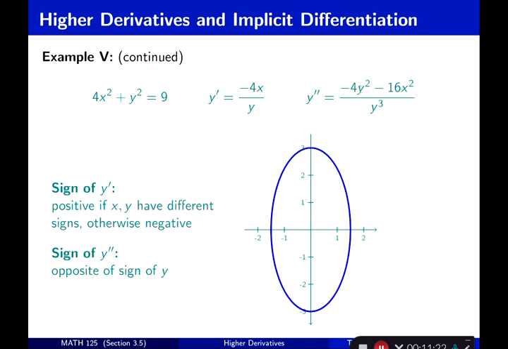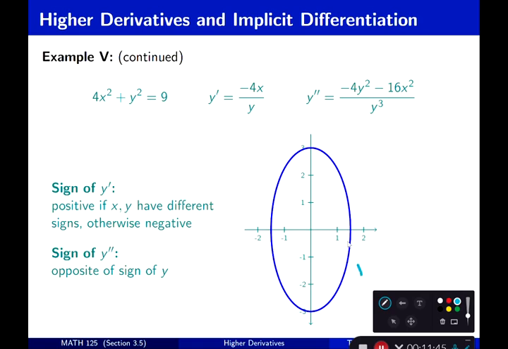Because the numerator is always negative, if the value of y is negative also, the concavity is up. If the value of y is positive, the concavity is down. So if y is negative, according to this, the concavity is up, and if y is positive, the concavity is downward.